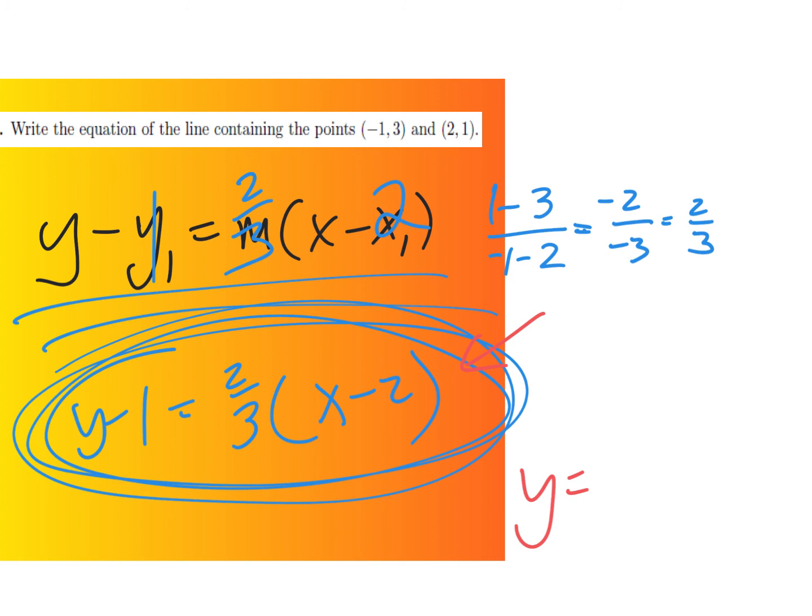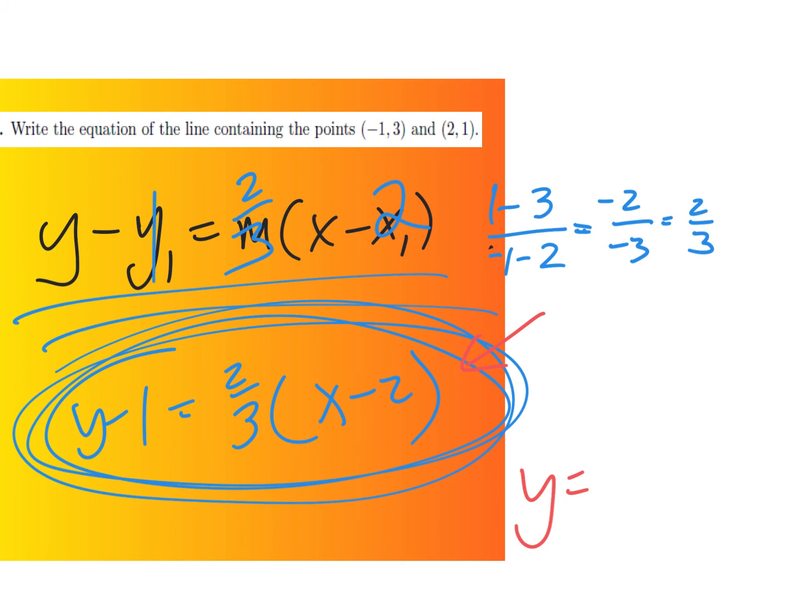All right, so we have 1 minus 3 over 1. Oh, that's supposed to be a 1. Right there was a mistake. That's supposed to be a positive 1 minus... Nope, I'm wrong.